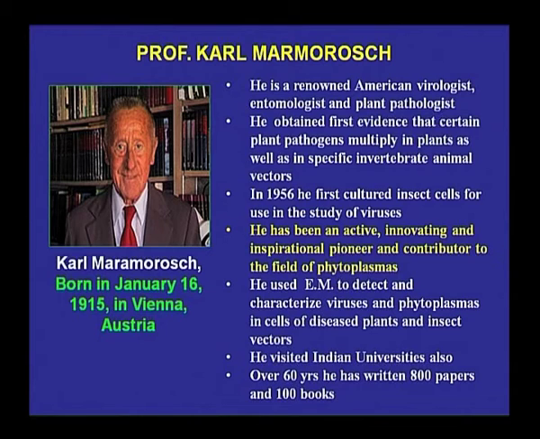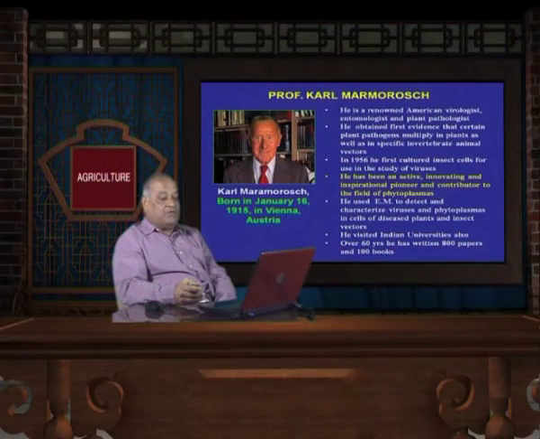He used the electron microscope to detect and characterize viruses and phytoplasmas in cells of diseased plants and insect vectors. He visited Indian universities also, and over 60 years he has written 800 papers and 100 books. It is such a commendable job he has done.